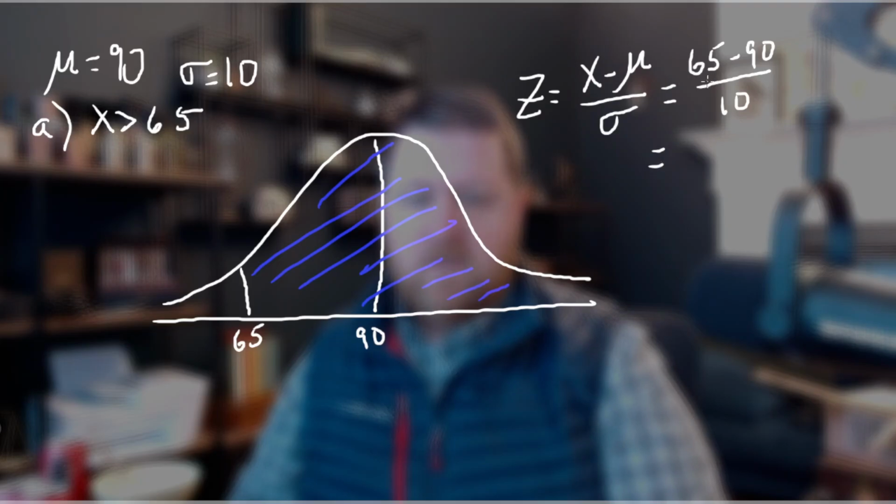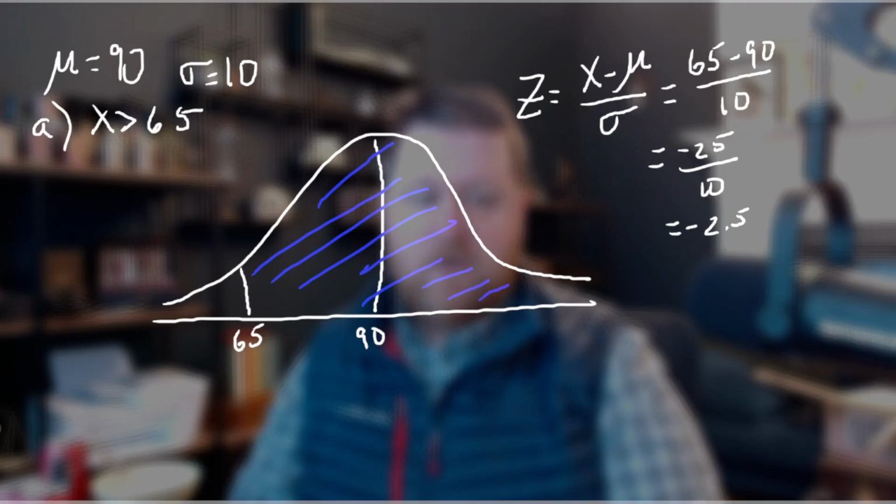And then 65 minus 90 is negative 25 over 10, which is equal to negative 2.5. So our z-score is negative 2.5.